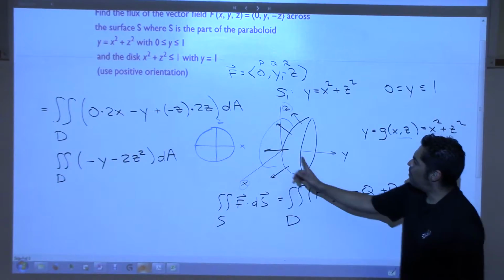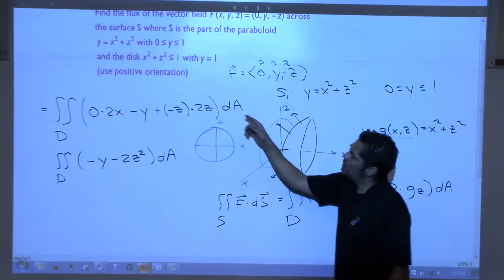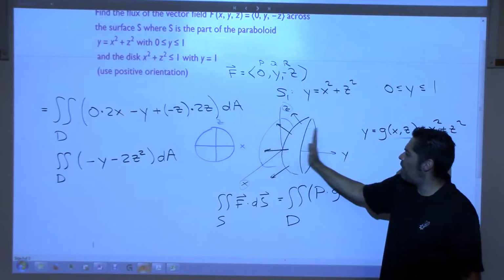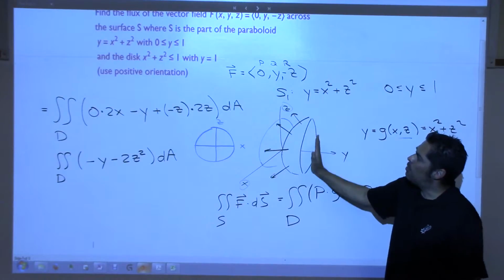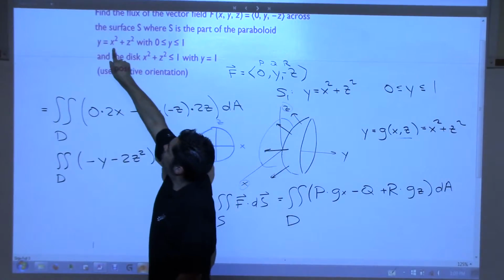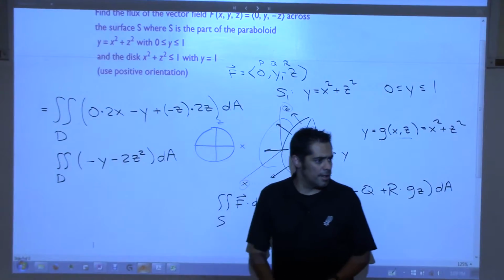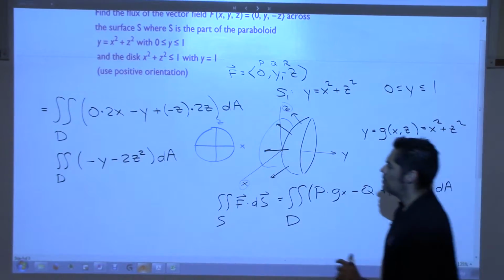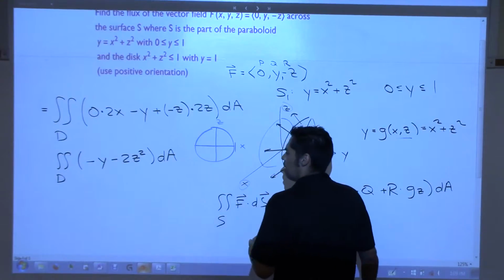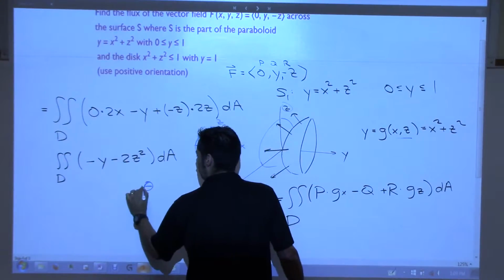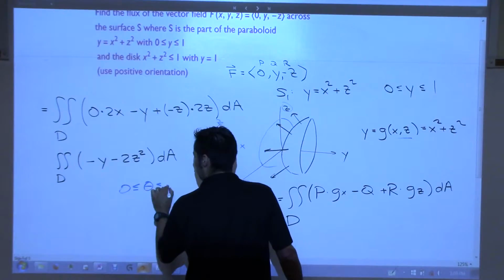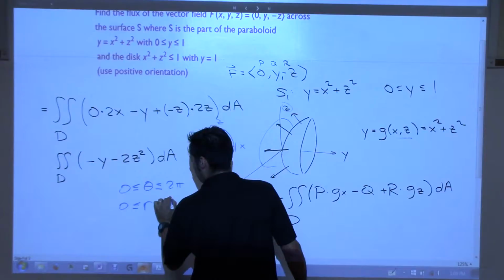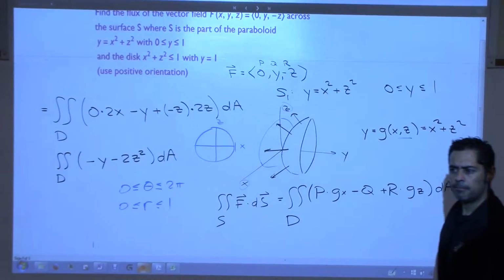Well, how far out does this bowl go? It starts with y equals 0. That's the smallest coordinate, right? And then the biggest y gets is 1. So if y is 1 in this equation, then that's a circle with radius 1, isn't it? And that's what we'll project backwards. So this should be a circle of radius 1. So I should use polar conversion, letting theta go between 0 and 2 pi, and my r should go between 0 and 1. Yeah?